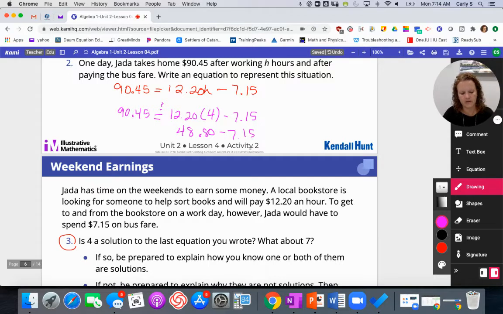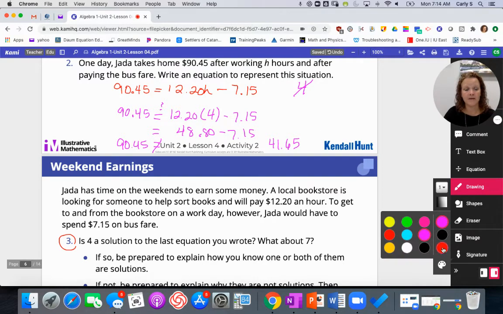Take away $7.15, and I get $41.65. So $90.45 does not equal $41.65. So 4 is not a solution.